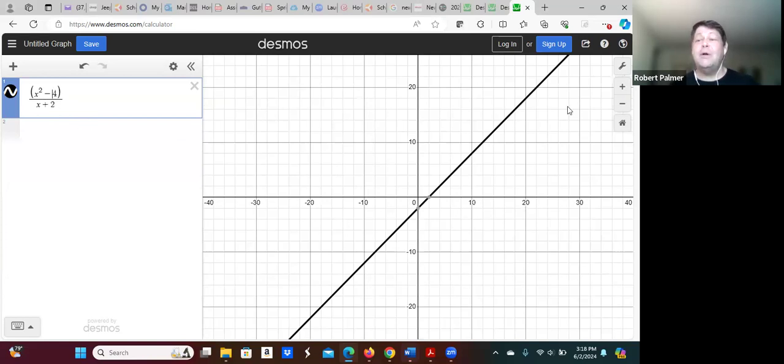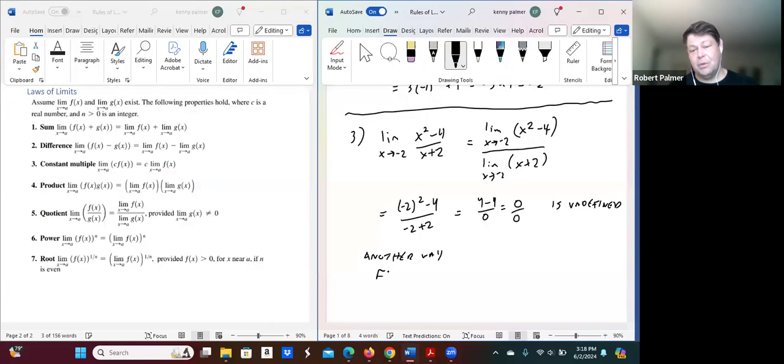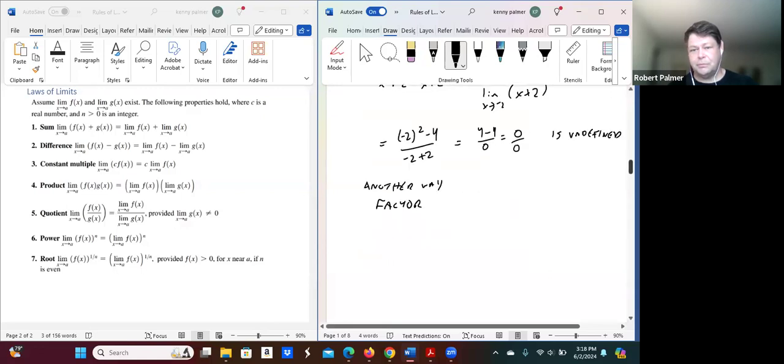So let's go back and take a look at the original one and try to factor this. The limit as x goes to -2 of x squared minus 4 over x plus 2. Also, one thing I want to mention is that x still cannot be -2. We didn't mention that before, but you can see that now.